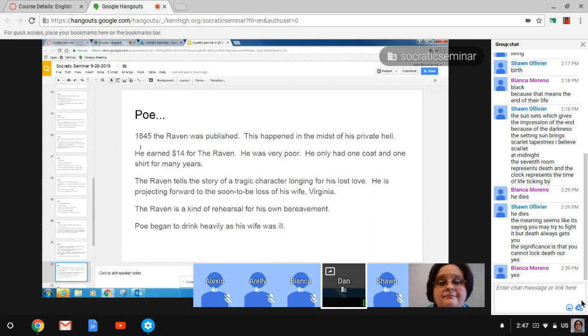So just as in Masque of the Red Death, he's writing about tuberculosis, in The Raven, he's writing about how he's going to lose Virginia. And so The Raven is a kind of rehearsal for his own bereavement or loss of Virginia, and to drink heavily as his wife was ill.